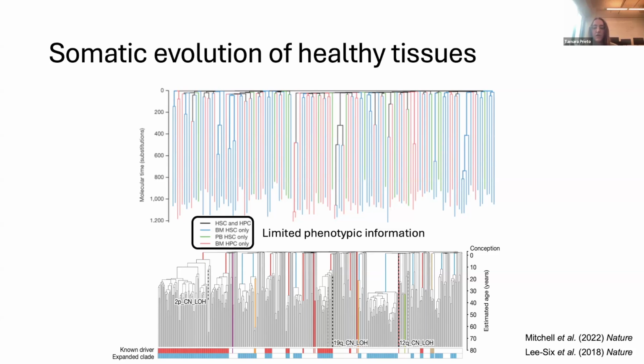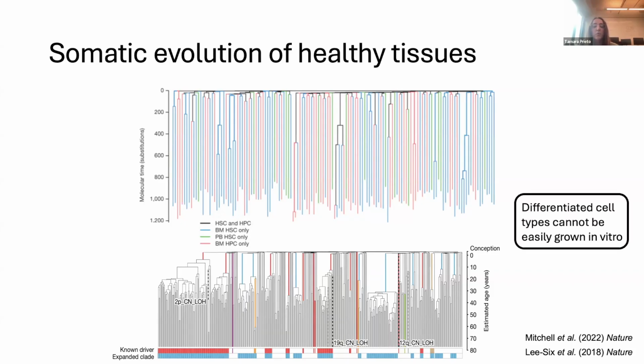But so far, we don't have any phylogenies of hematopoietic progenitors with higher resolution phenotypic information, only the cell type provided by flow cytometry prior to expansion, as the phenotype of the cells can also change during in vitro growth. And even more importantly, we don't have single-cell time-calibrated phylogenies of healthy solid tissues, or of tissues composed mostly of differentiated cell types, which cannot be grown in vitro.